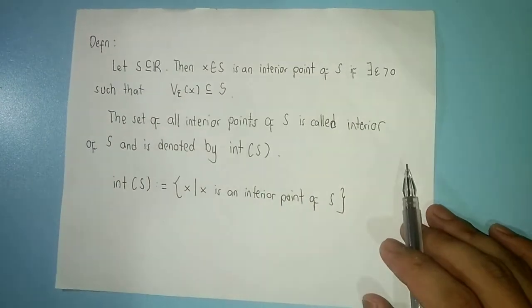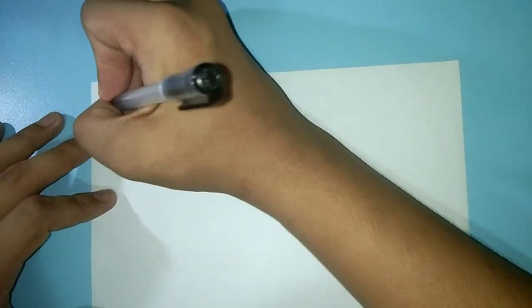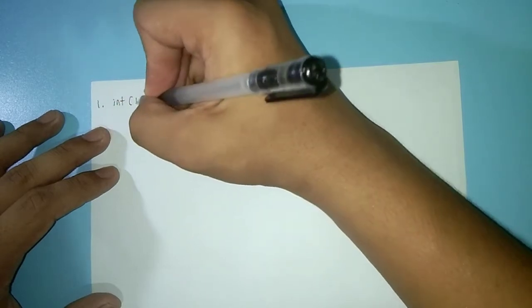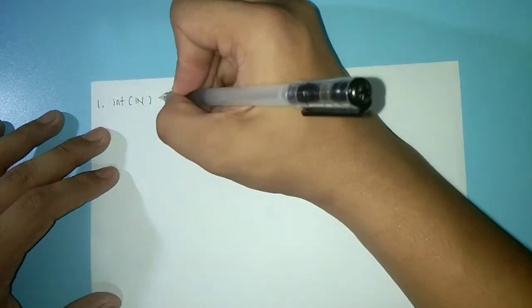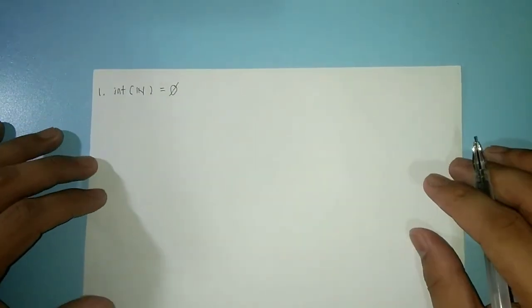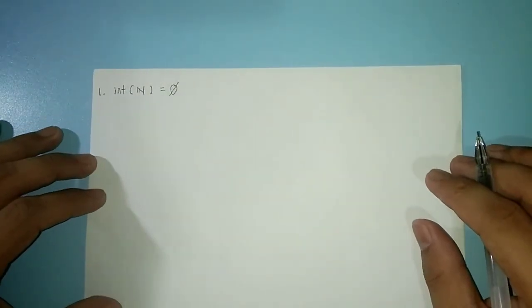Okay, so let's have our example. Number 1: the interior of the set of natural numbers is empty. Okay, so ano ibig sabihin yan? Ibig sabihin, yung set of natural numbers natin ay walang interior point.